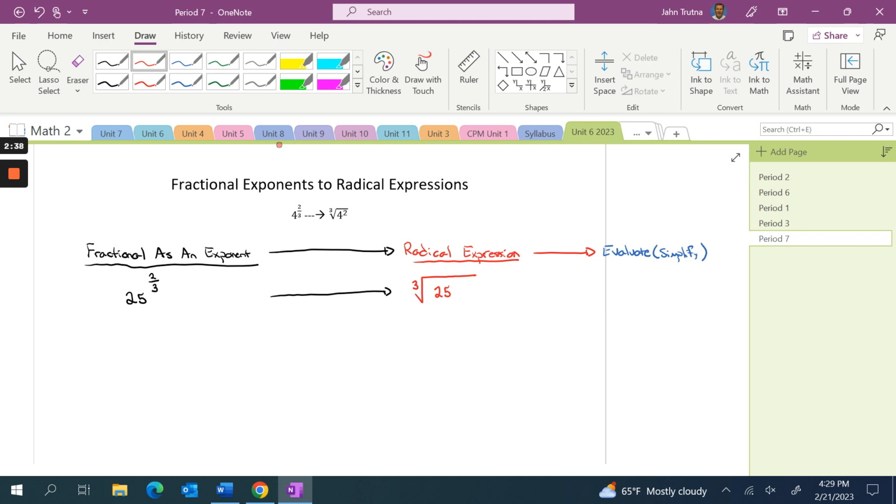So 25 to the 2/3 exponent in radical expression would be the radical symbol with an index of 3, 25 to the 2nd power. All right?